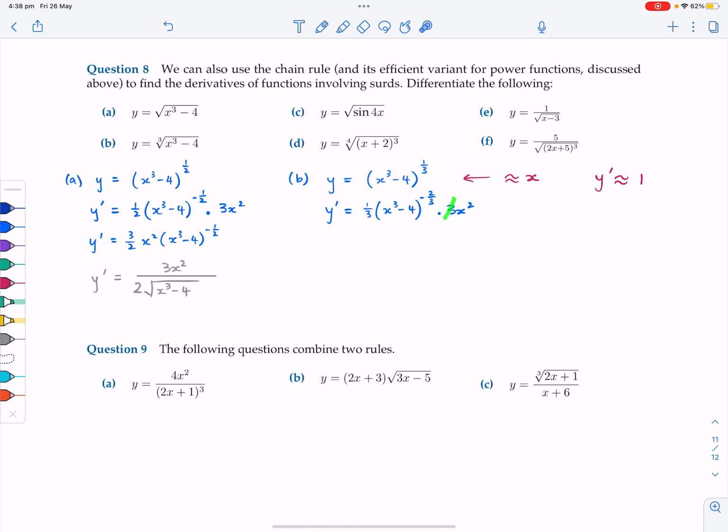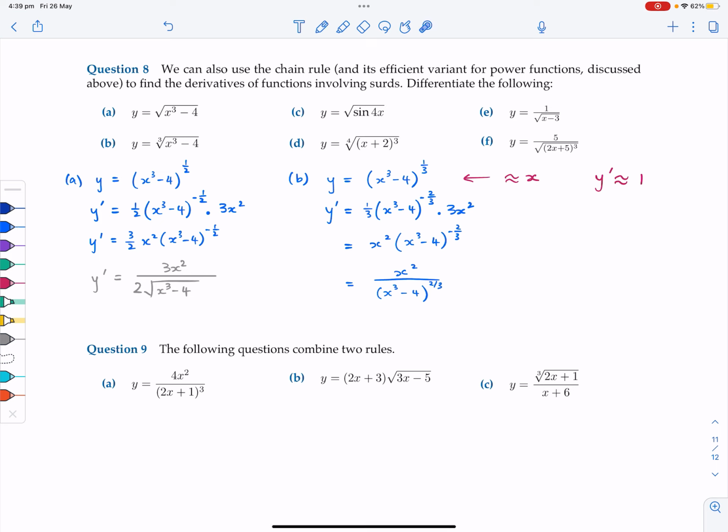I'm not going to literally cross them out because that's messy, but I'm just going to put x squared and then bracket x cubed minus 4 to the negative 2/3. To make my point, I'm going to write that as x squared over x cubed minus 4 to the power of 2/3. Okay, I'll leave it like that.